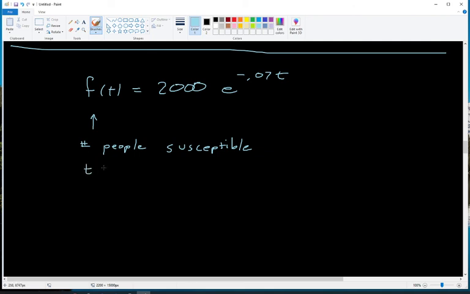Time is in days. And they give us a couple questions. How many are susceptible initially? And then they want to know how many after 9 days.